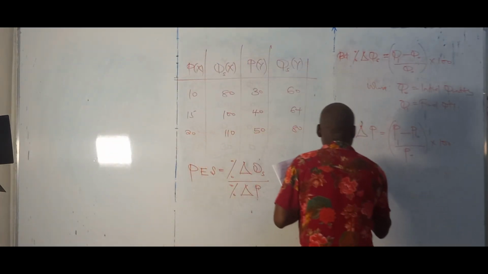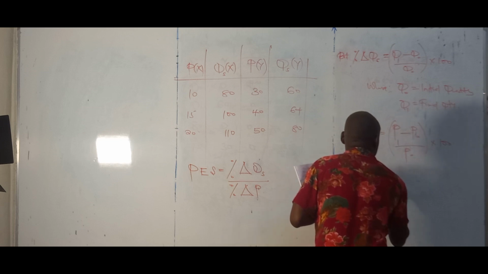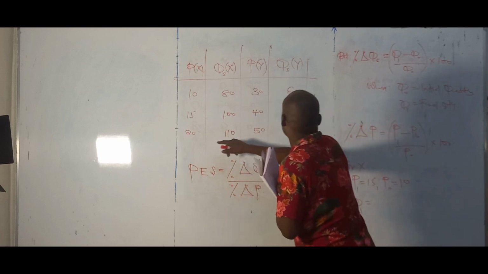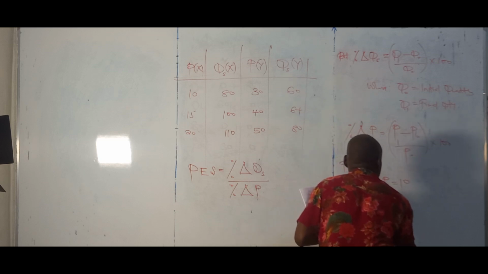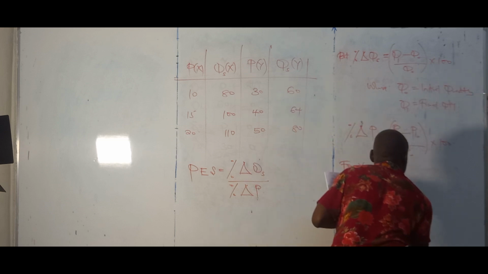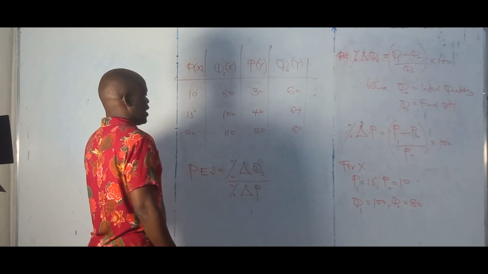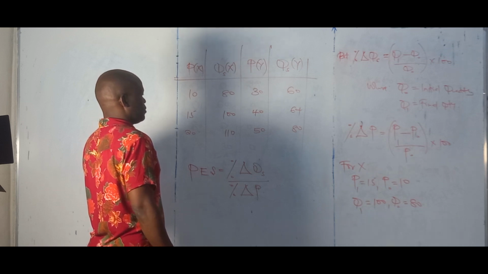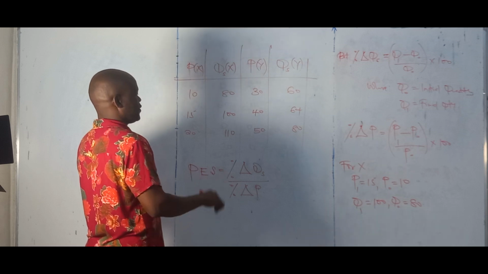So we'll have P1 is 15, P0 is 10, and Q1 is 100 and Q0 is 80. That's for X. That is the price and quantity for that price range.